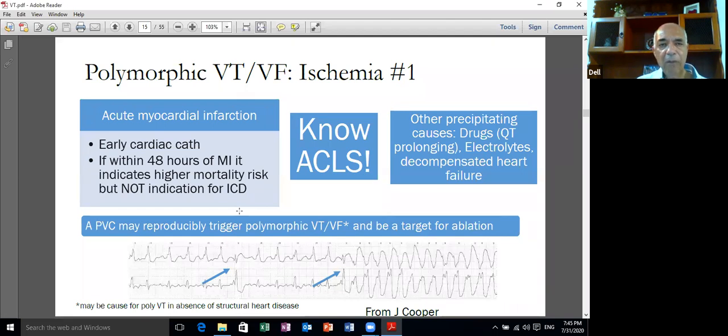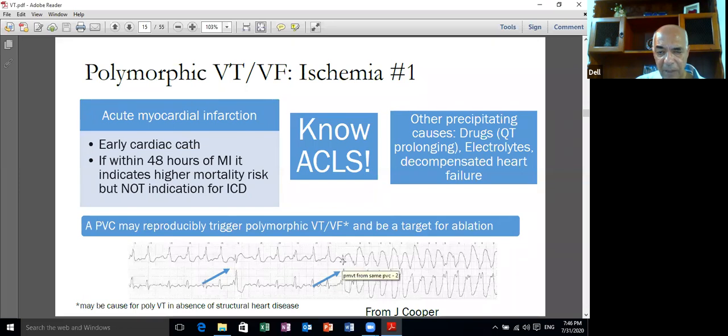The other causes of polymorphic ventricular tachycardia include the channelopathies, which we are going to discuss in detail tonight, various drugs and electrolyte imbalance, and decompensated heart failure. We know that you cannot ablate polymorphic ventricular tachycardia except in one instance. If you look at the lower panel, you will find that this polymorphic ventricular tachycardia is incited by unifocal PVCs.